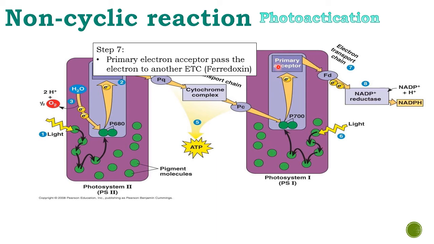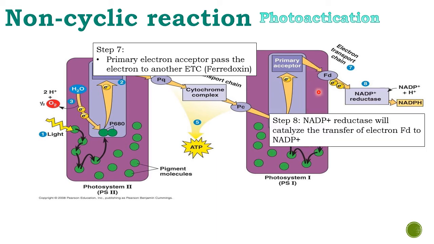The primary electron acceptor that receives electrons from P700 will transfer the electron to another ETC in the thylakoid membrane, that is the ferredoxin. Ferredoxin will transfer the electron to NADP+ with the help of NADP+ reductase.